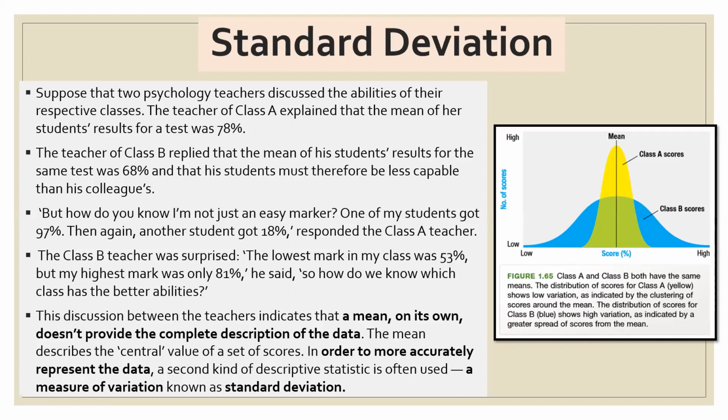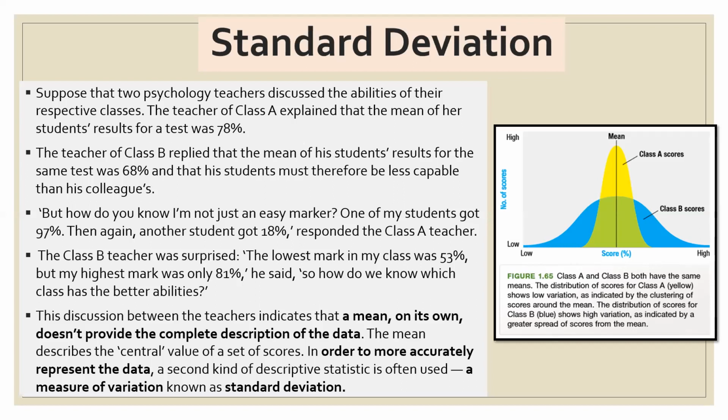Obviously this example here, which is just taken from your book, is trying to show you that just simply stating a mean value is not enough. It doesn't give you the whole picture in terms of the data. And this is why it's important for us to also use standard deviation so we can understand that it's not just about the mean value, but about how much the scores vary, how much the scores differ in that specific experiment or in that specific class or subject group of students.